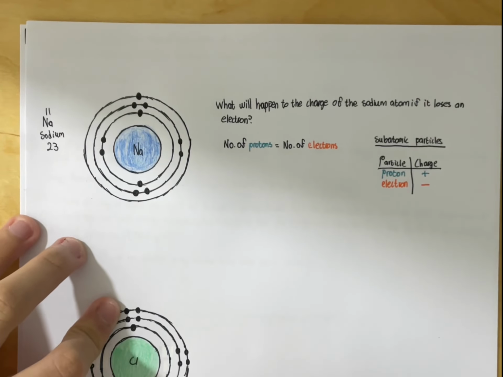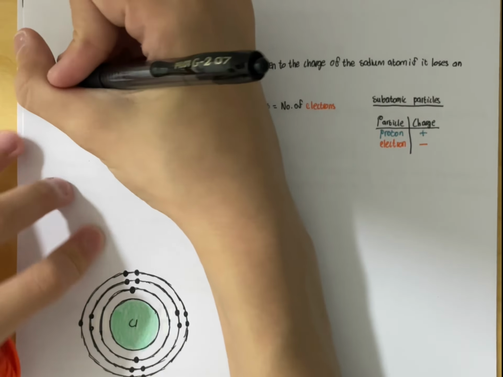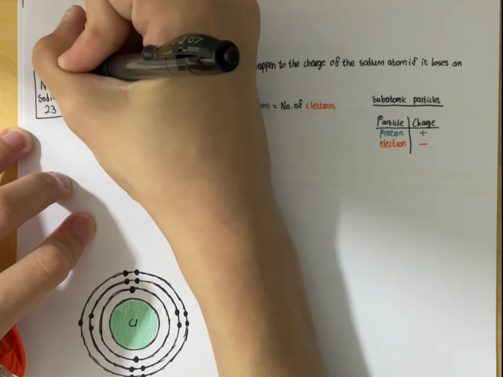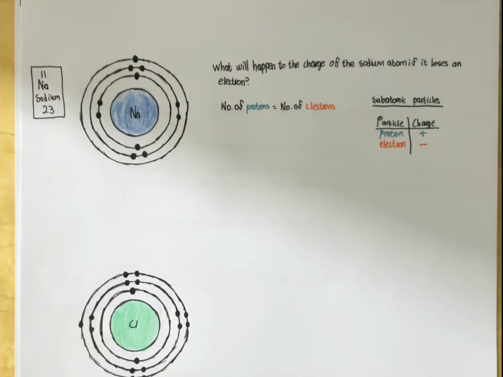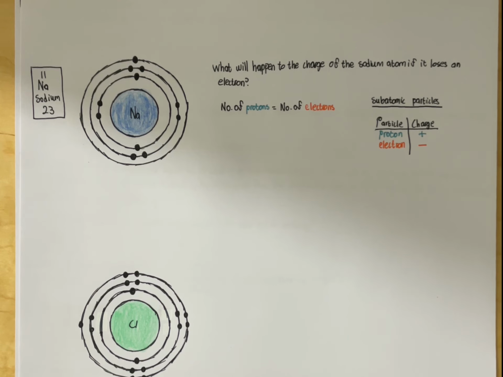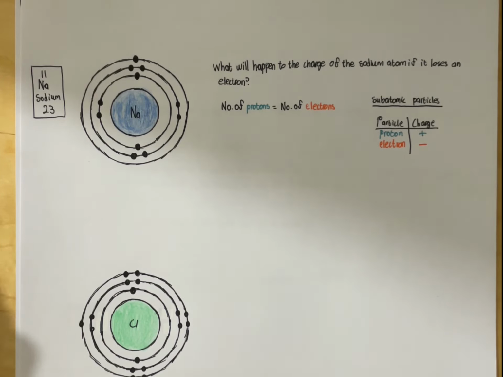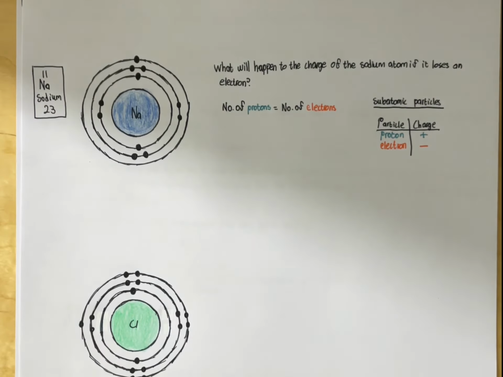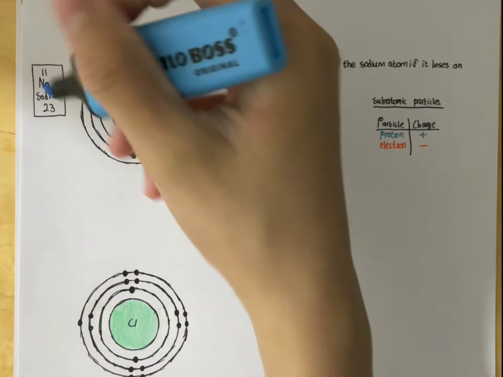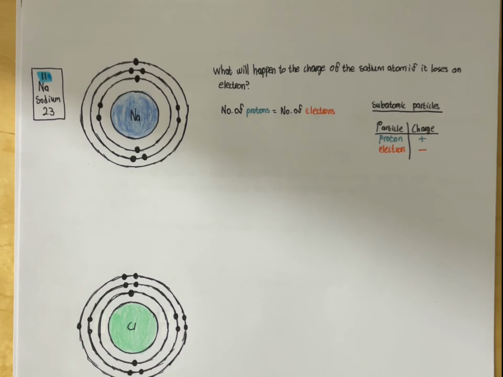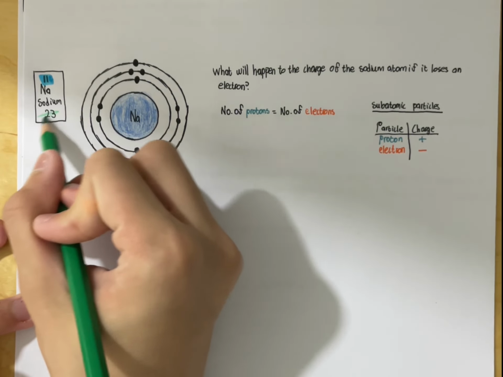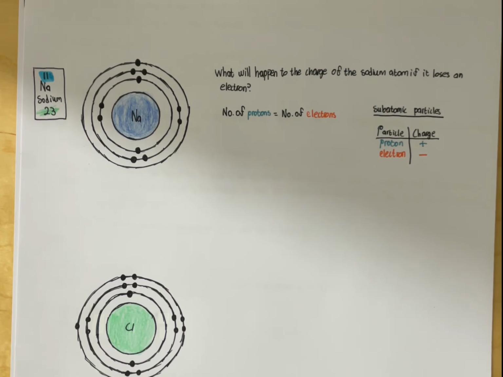If you recall, the top number represents the number of protons that it has, and the bottom number is just its mass number, which is not relevant for what we're doing right now.